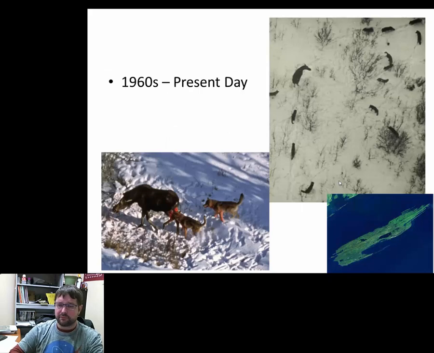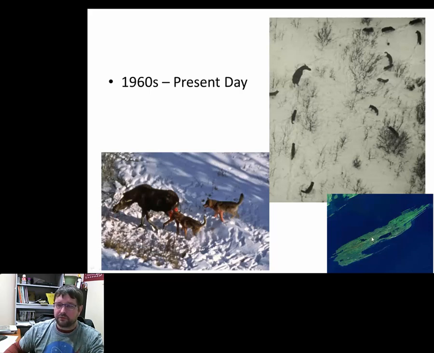Okay. One example that has been going on for a long time is the research that's done on Isle Royale. This is in Lake Superior, off the coast of Michigan. It's an island, but depending on the water, there are maybe multiple small islands kind of attached together in an isle.